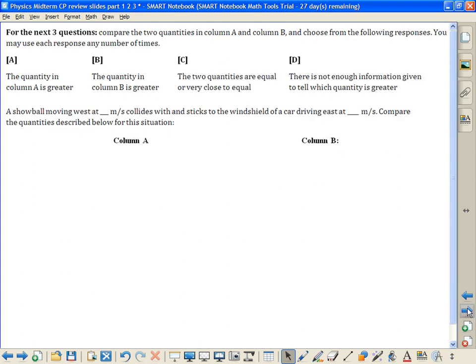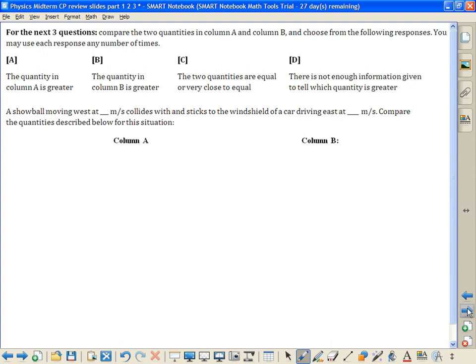Okay, this is easy. Now there are some questions like this on the exam too. Compare quantities. There are a couple different situations where a circumstance is described and then you're given a list of quantities to compare. So this probably looks familiar.